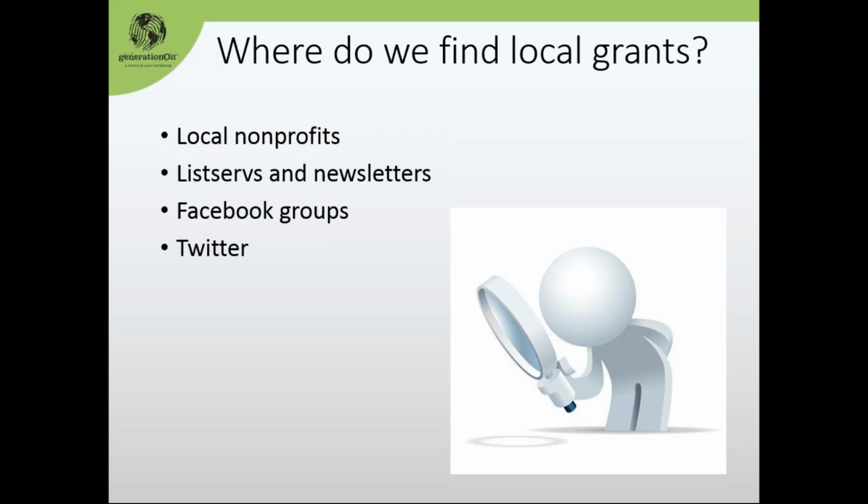So again, do your research and then get on their chains of communication. Listservs and newsletters are one way nonprofits send out all of their announcements as well as their grant opportunities. And with Facebook groups and Twitter, they'll definitely be showcasing either grant opportunities or people that have received grants. So you want to make sure you're in the loop so that when opportunities do arise, you are in the know.